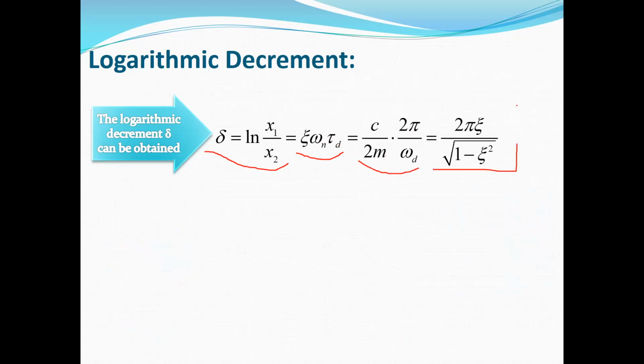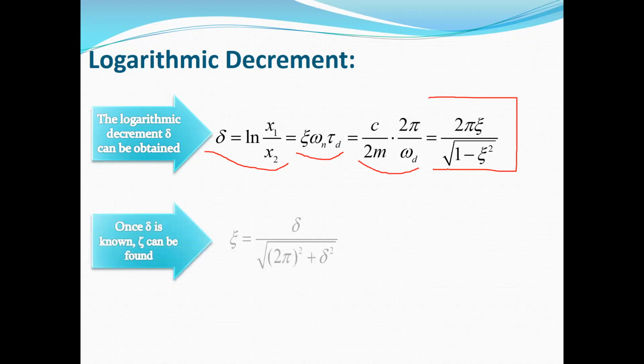Finally, this is the relation between delta and damping ratio. Here you can see that delta is a function of damping ratio, and then you can extract another equation, which is the damping ratio as a function of delta.